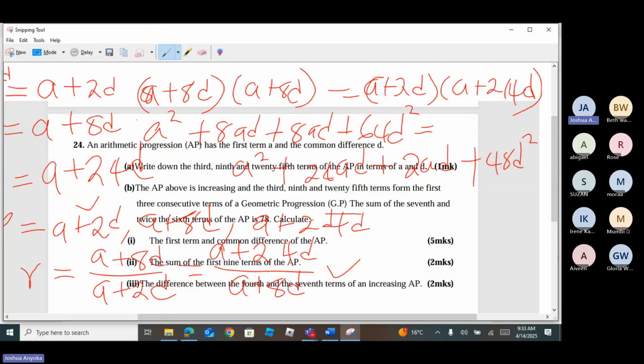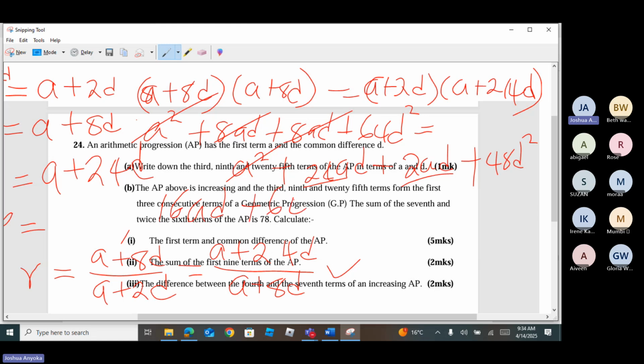Let's have the corresponding terms together. A squared and A squared will cancel, right? Yes. This one gives us 16AD. Okay, 16AD. This one plus this one gives us 26AD, is that right? So we have 16AD plus 64D squared is equal to 26AD plus 48D squared. Like terms together.